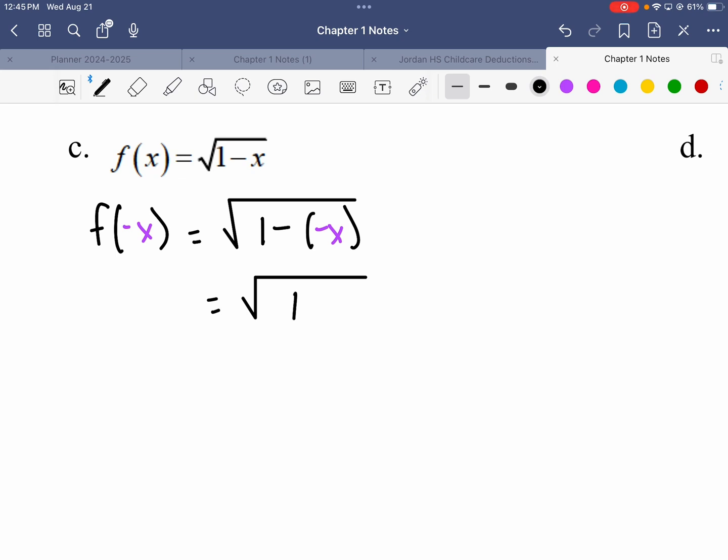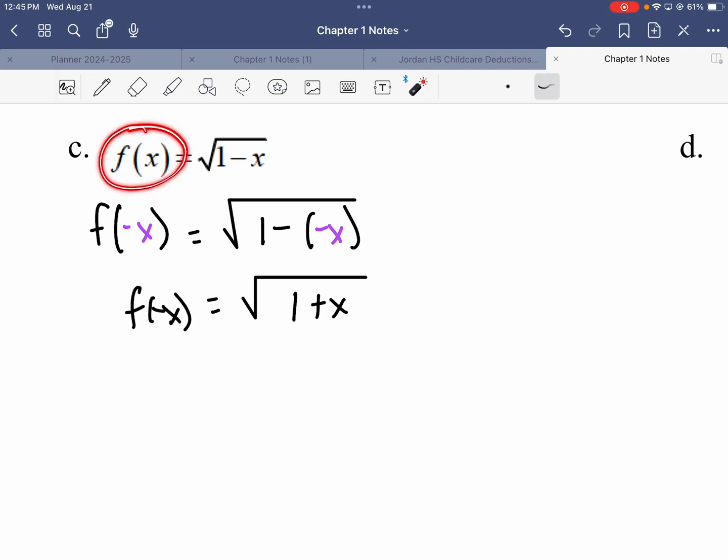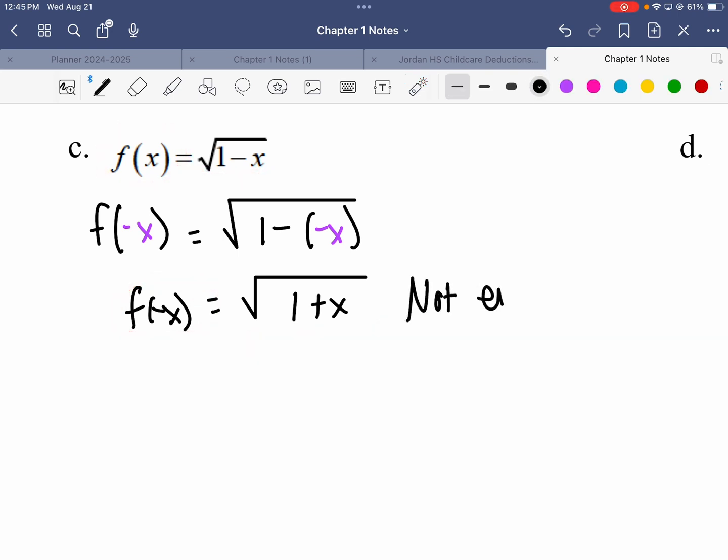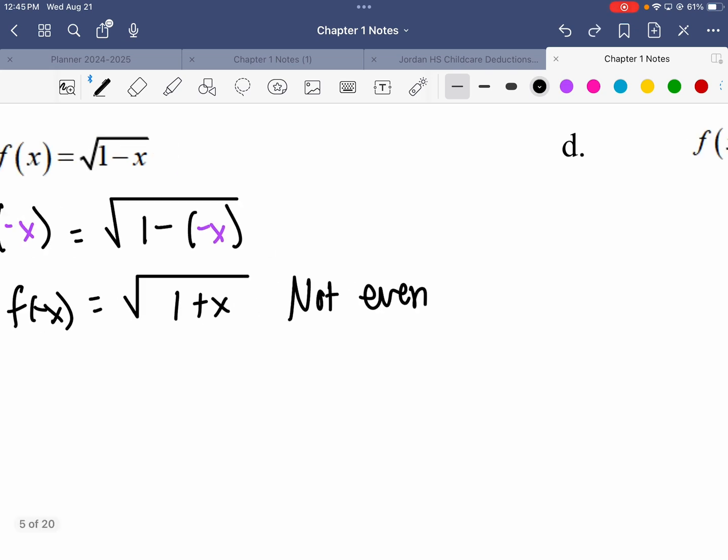Becomes 1 half. Okay, so do f of x and f of negative x match? Are they the same? Are they equal? No. That tells us that it's not even, because f of negative x does not equal f of x.